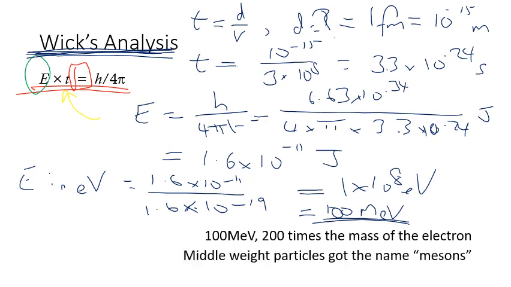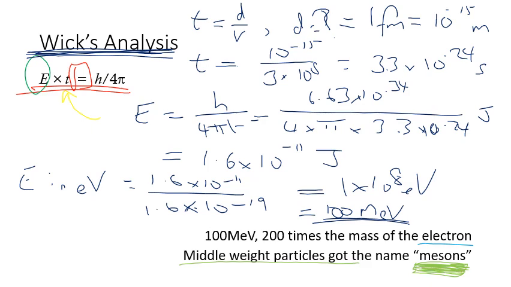And so they're middleweight particles, because they're somewhere in between the mass of the electron and the mass of the proton, which we know is 2,000 times bigger. And so middle, meson. These middleweight particles were known as mesons.